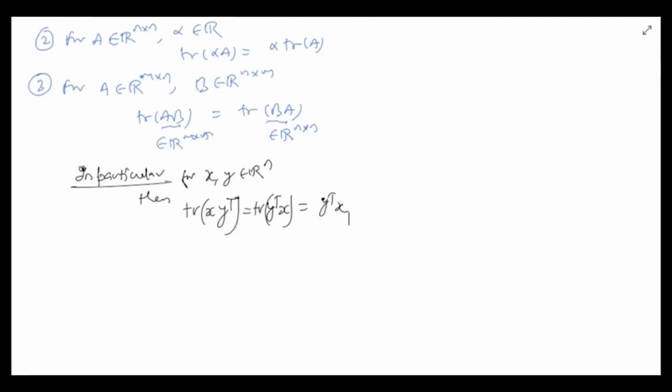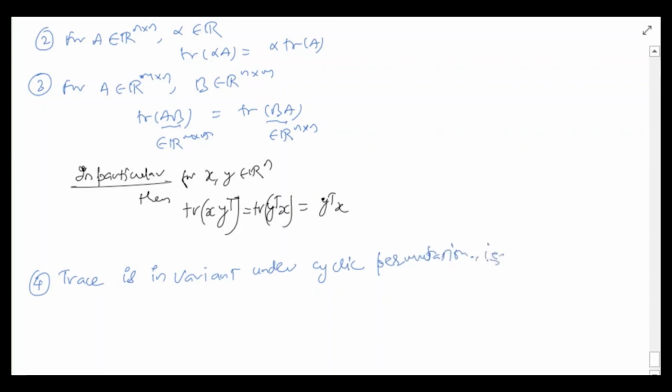The fourth property says that trace is invariant under cyclic permutation. What does it mean?